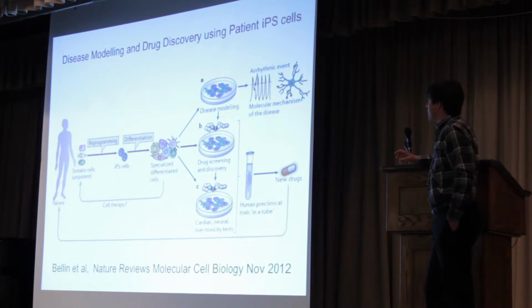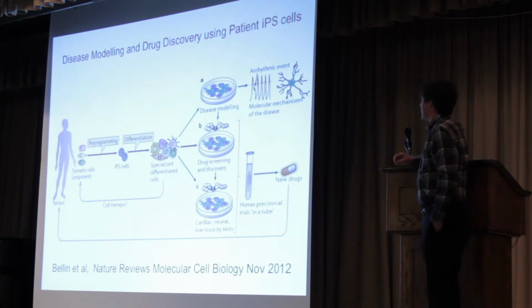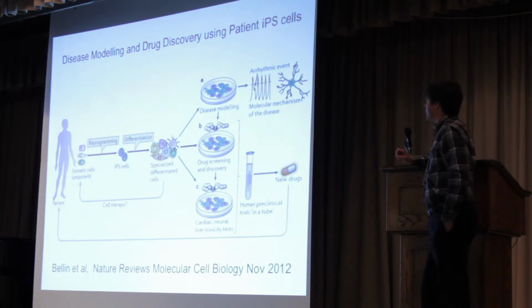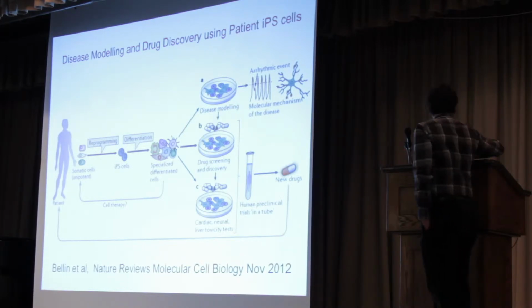If you can find some phenotypes, some differences between these cell types in the dish, you may be able to proceed to use them for drug screening or drug discovery and potentially for toxicity tests. And so that's where, in the end, you may be able to come towards new drugs and bring them back to the patient. But really, the starting point is to be able to make the induced pluripotent stem cells, make neurons, and try and find, are there any differences?